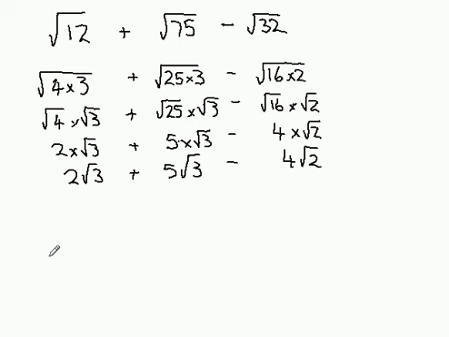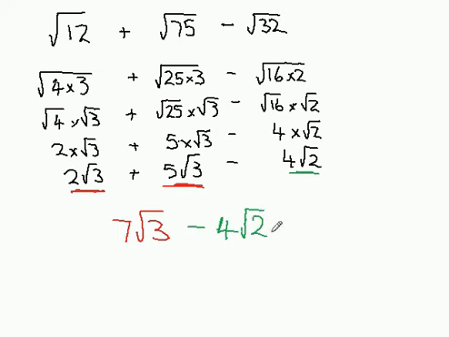Now, let's have a further look at the answer here. I've got 2 lots of root 3 here, plus another 5 lots of root 3 here, becomes 7 root 3. And then here I've got minus 4 lots of root 2, and there aren't any other lots of root 2. So it's just minus 4 root 2. And so that is the answer to this problem.